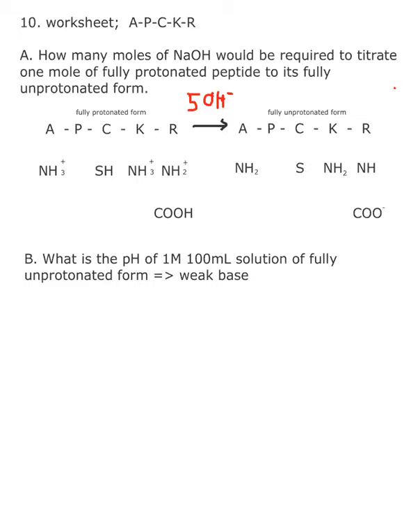To calculate the pH for a weak base, there's only one approach: use the Kb to calculate the concentration of hydroxide, then use pOH equals minus log of the hydroxide concentration, and then change pOH into pH.